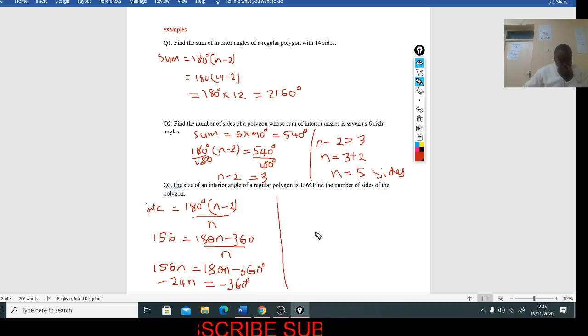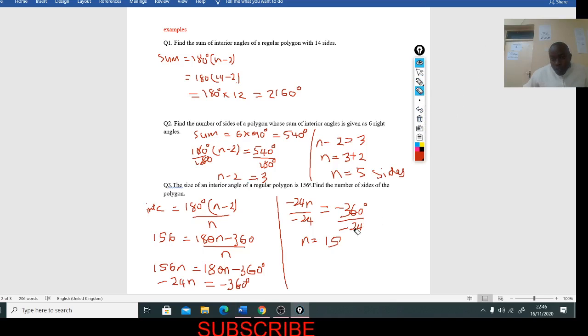Negative 24n divided by negative 24 gives you n, and negative 360 divided by negative 24 gives 15. So my n is 15. 360 divided by 24, n equals 15. So the number of sides is 15.